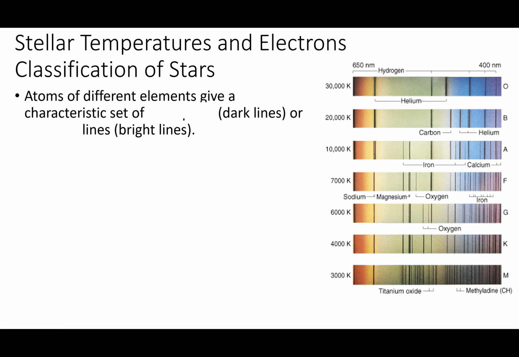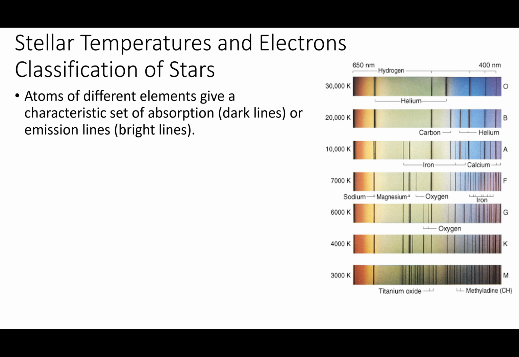These lines we call spectral lines, and these identify the type of star. Underneath, for instance, the G type of star, we can see the element oxygen. Underneath the A type of star, we can see the elements iron and calcium making that pattern. Underneath the B type of star, we see helium and carbon making those spectral lines. So the word is absorption and emission.